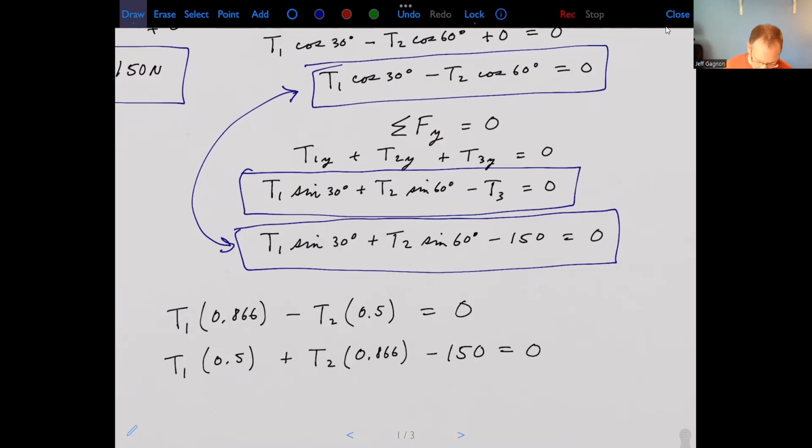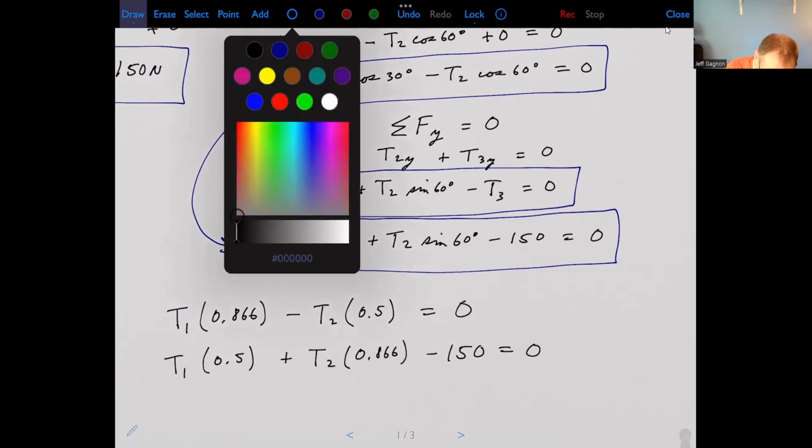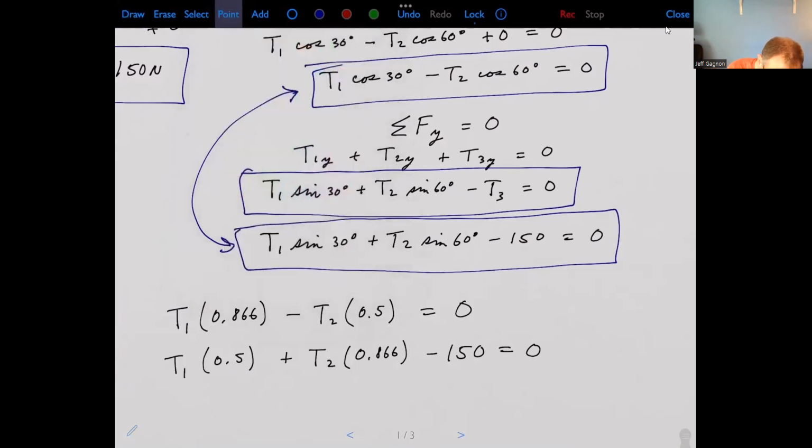Now, how do we solve them? Well, usually what we do is we line these things up, right? We keep the first variable T1 lined up on the left-hand side, T2 lined up, and then we put all the constants on the right-hand side. So here, I'm going to do that on the next page. So I'm going to line everything up. Actually, what I'll usually do too is write the coefficient, the number in front of the variable.